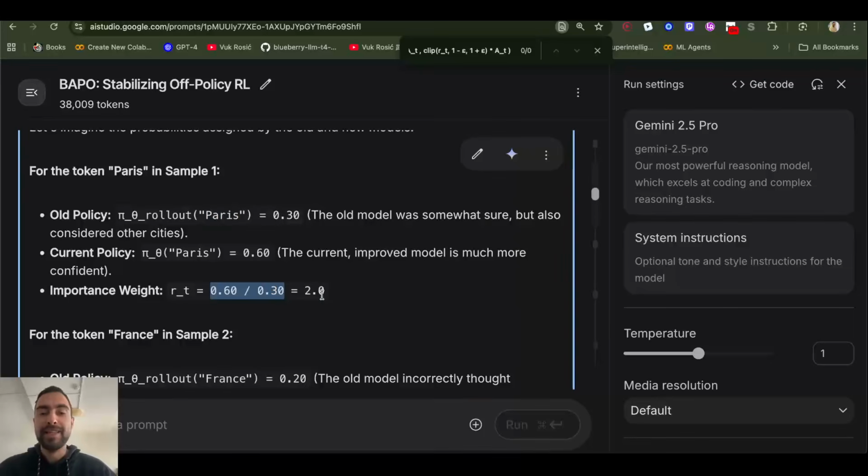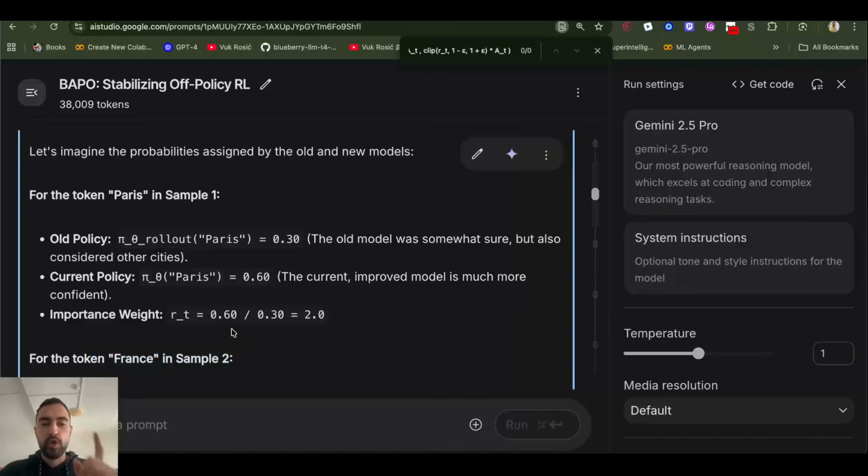But if the model has negative advantage, if it performed worse than expected, then that negative advantage will get amplified by 2 here. So the reward will actually be negative, it will be punishment. So if the model performed worse than expected, then the more it strengthens the probability of Paris, the more it will be punished. So this will multiply the punishment, the negative advantage.